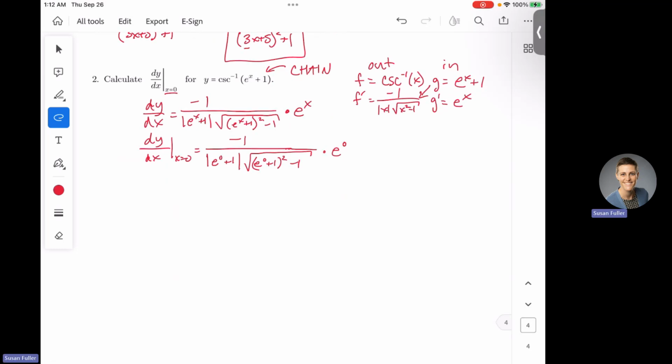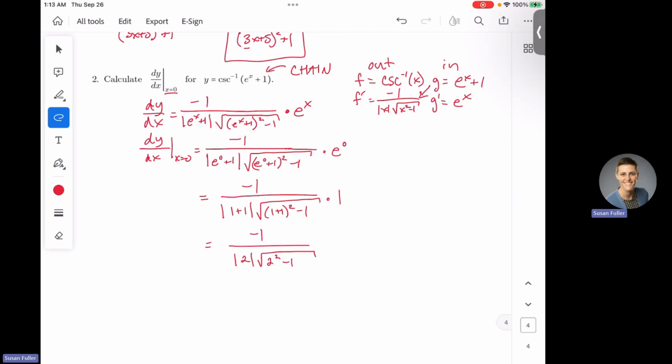All right. What's e to the 0? Yep, anything to the 0 power is 1. So all of those e to the 0s are just going to be 1s. And so I'm going to have -1 over the absolute value of 2 times the square root of 2 squared minus 1.